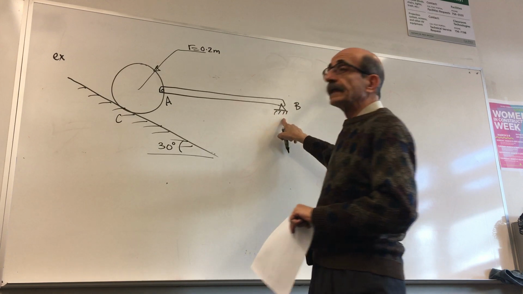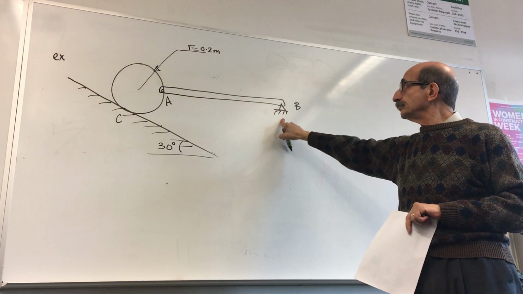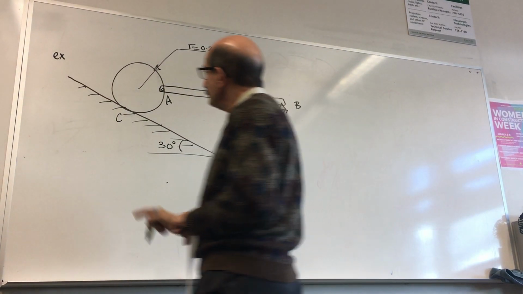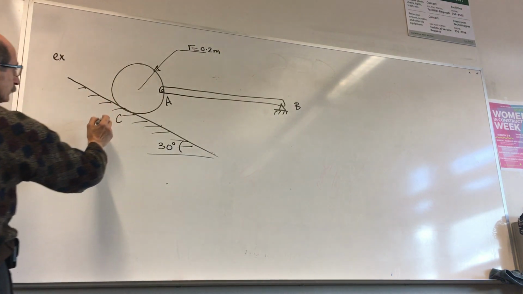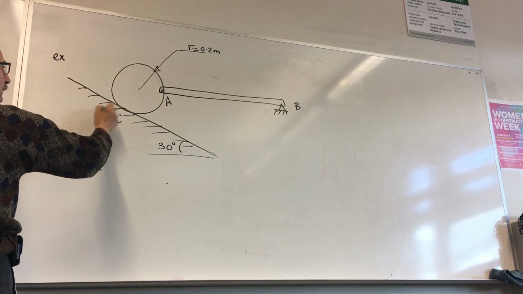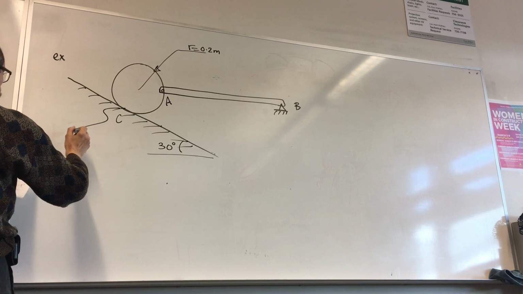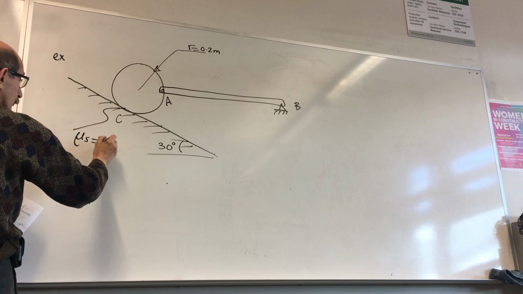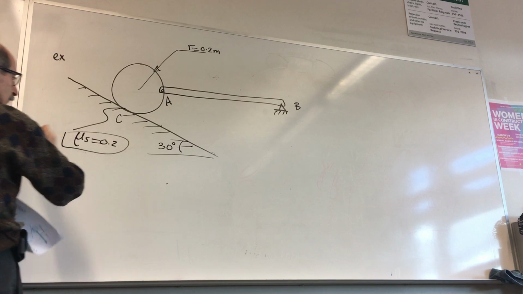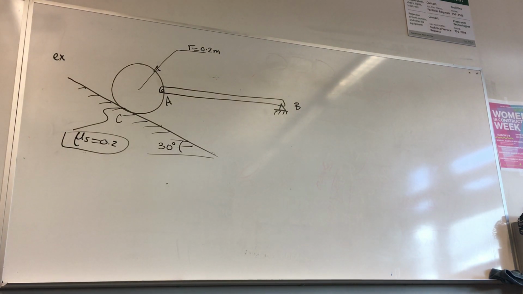Okay, it is pinned at this other end at a point B, and the coefficient of friction between the disc and this surface is given as static coefficient of friction 0.2.